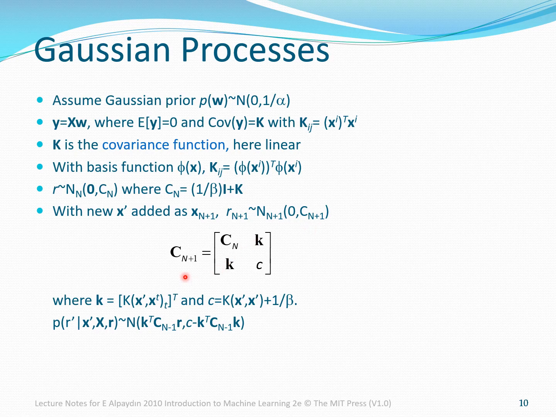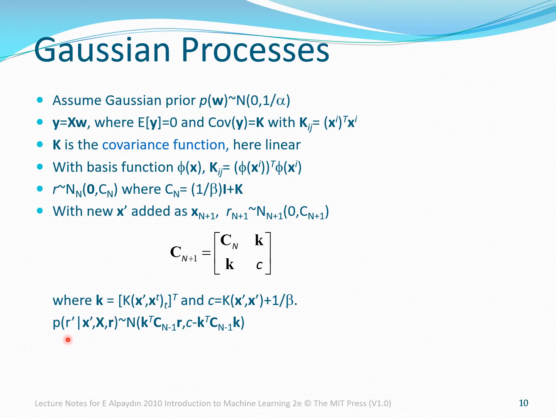This is a matrix of C_{N+1}, where entry 1,1 equals C_N, 1,2 equals k, 2,1 equals k^T, and 2,2 equals c, where k equals k(x dash, x^T)^T, and c equals k(x dash, x dash) plus 1/beta.